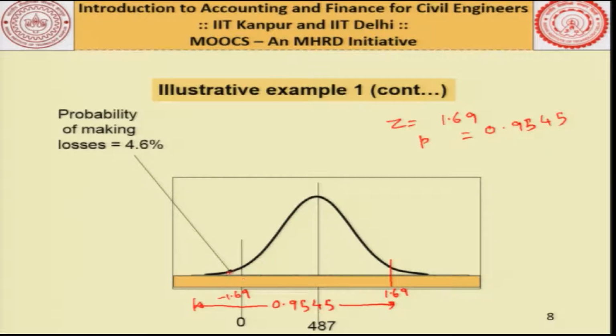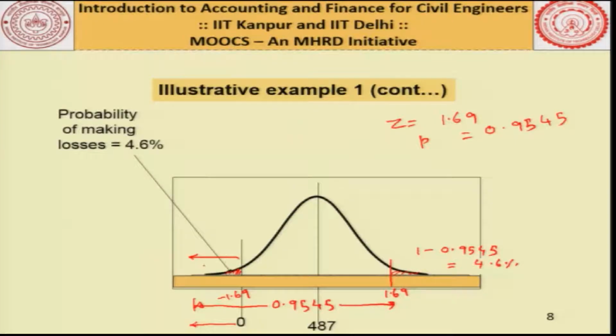So, I am interested in this area because less than 0 area is represented by this. I want what is the probability of net present worth going below 0. So, if this whole area is 0.9545, this area is going to be how much? It is going to be 1 minus 0.9545, which is roughly about 4.6%.